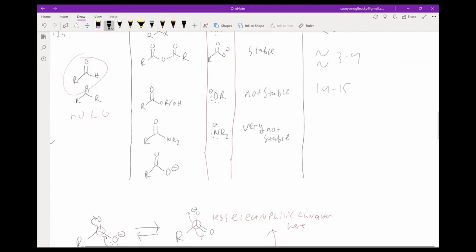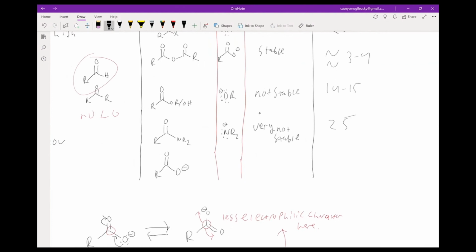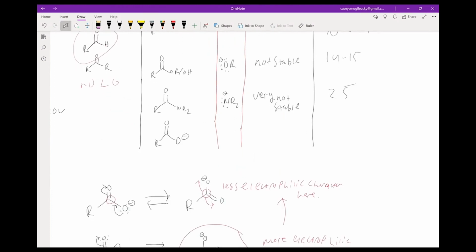The pKa of the conjugate acid of this amide leaving group right here is like 25. And finally, what would the leaving group of this deprotonated carboxylic acid be? It would be O2-, doubly deprotonated oxygen. Basically, this never happens.